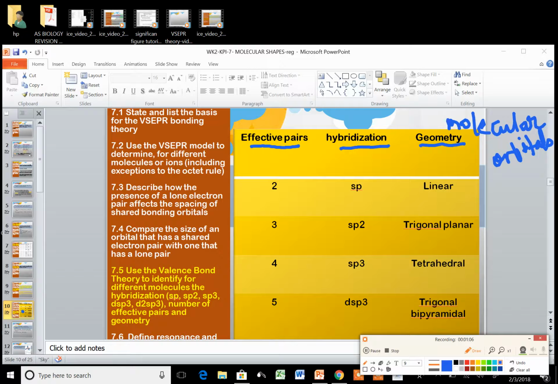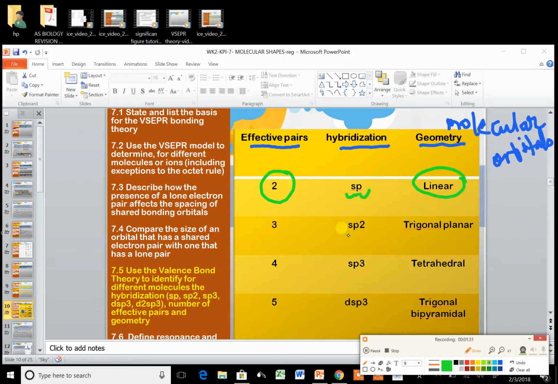And the name of the hybridized orbital depends mainly on the number of atomic orbitals that take part in the hybridization process. So if one s orbital gets mixed with one p orbital, they will result in two orbitals. We call them sp. Here we have two effective pairs and the geometry of the molecule will be linear.